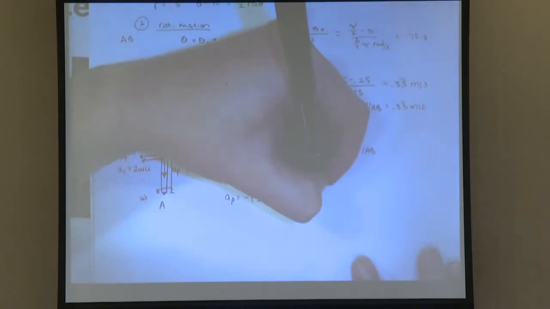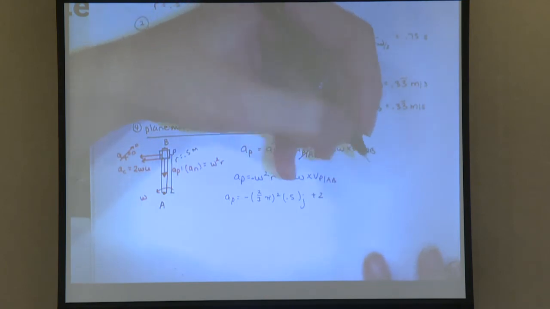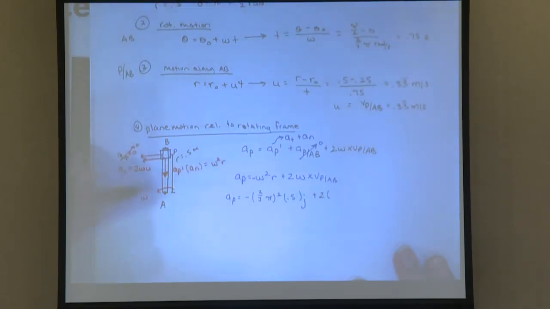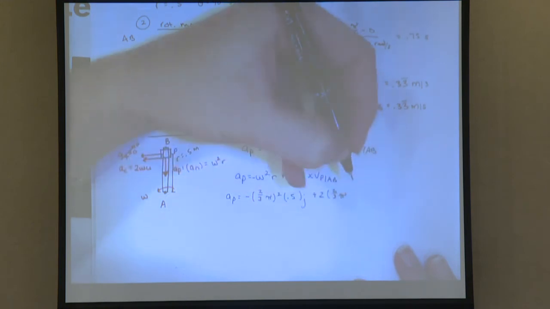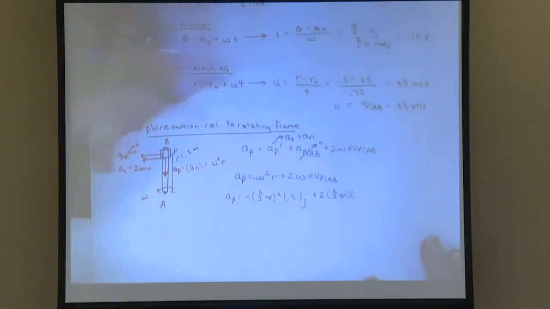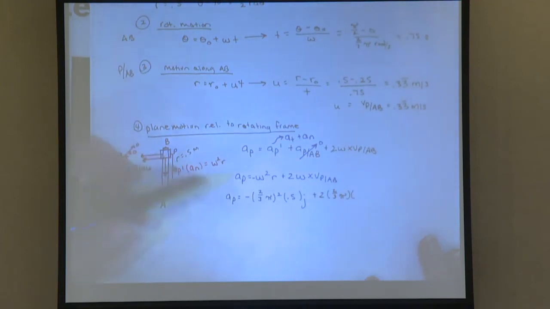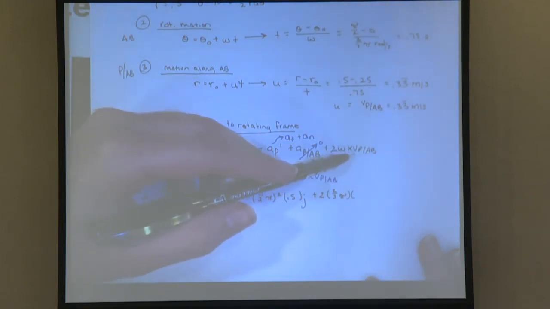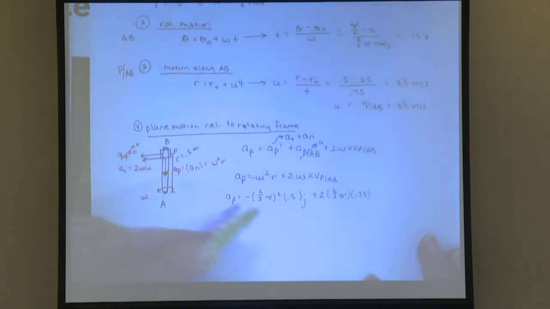Then I have plus 2, and then the omega is 2 over 3 pi. And then I have to include the VP relative to AB, which is 0.33. But notice, I already drew it on the diagram, and it's going to the left.